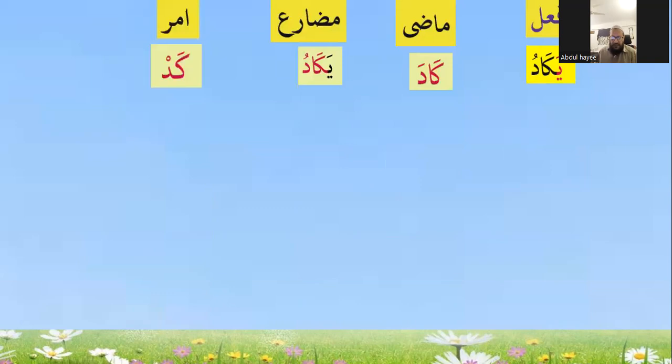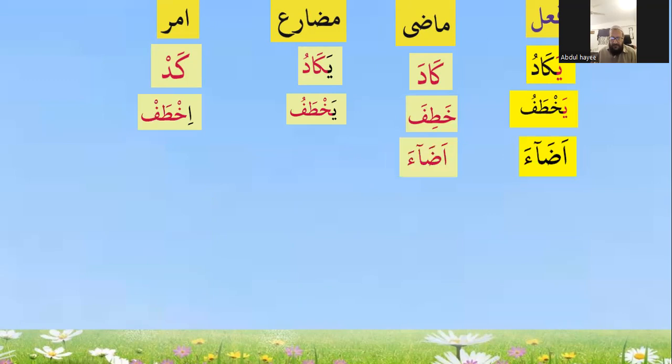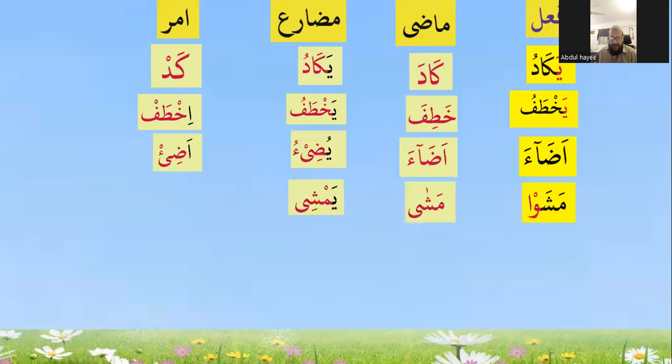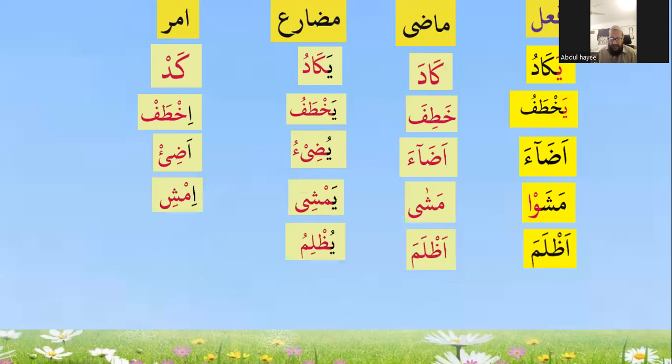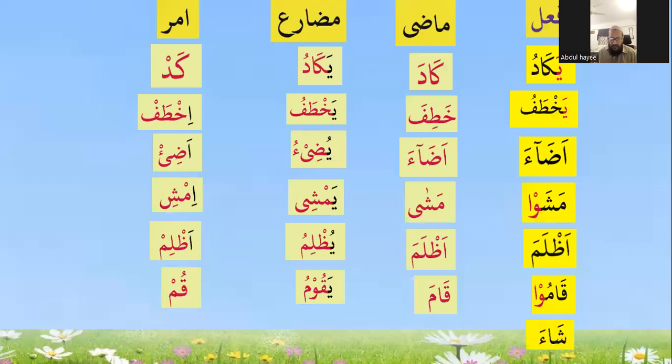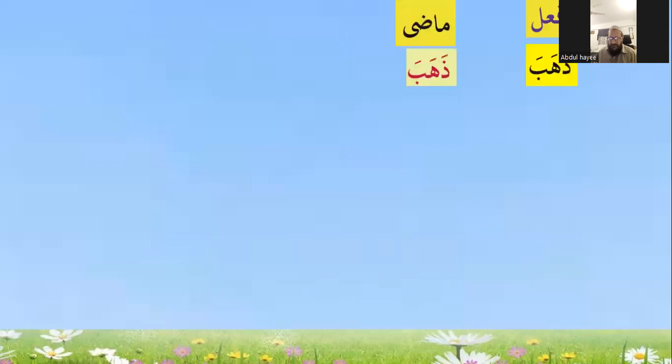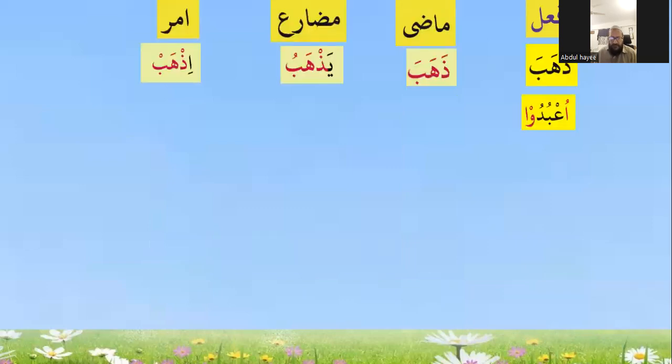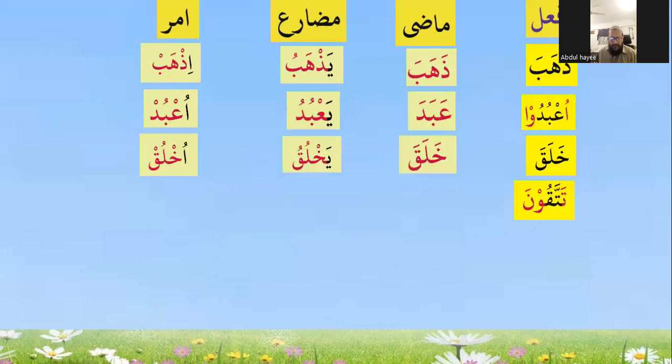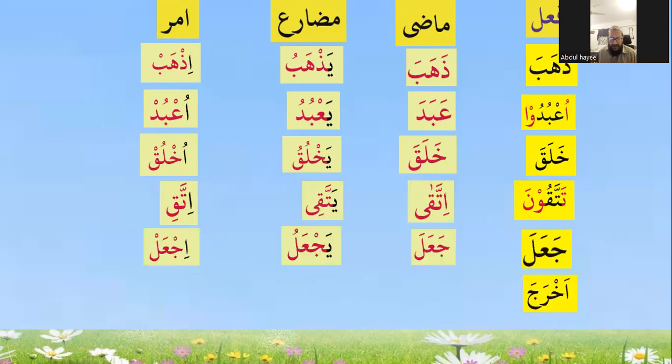Qada, Yaqdu, Iqd. Khatifa, Yakhtafu, Ikhtaf. Ada, Yudiu, Adi. Masha, Yamshi, Imshi. Aslama, Yuslimu, Aslim. Kama, Yakumu, Kum. Sha'a, Yasha'u. Zahaba, Yazhabu, Izhab. Abada, Yabudu, Ubud. Khalaqa, Yakhluqu, Ukhluq. Ittaqa, Yattaqi, Ittaqi.